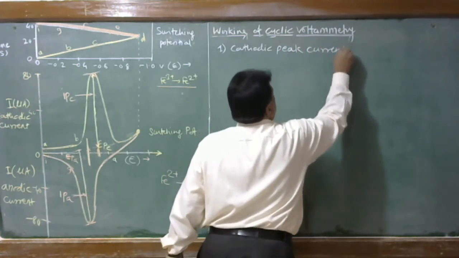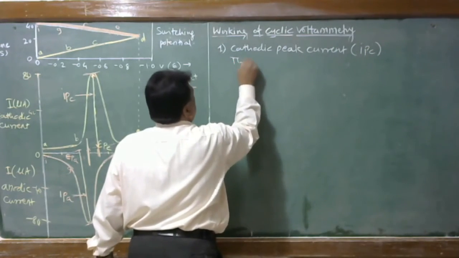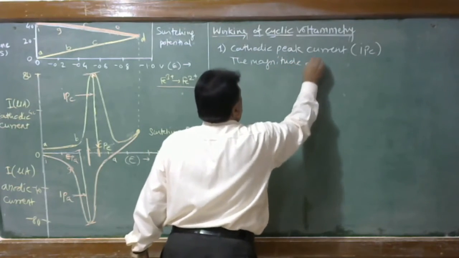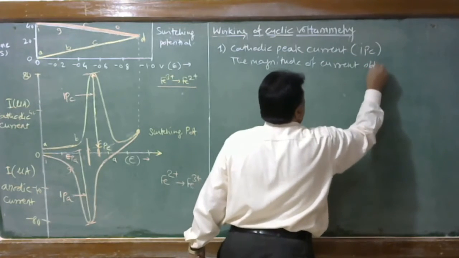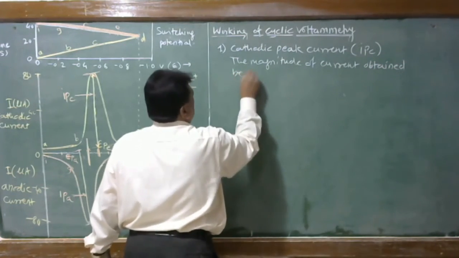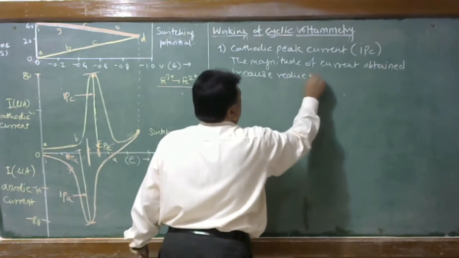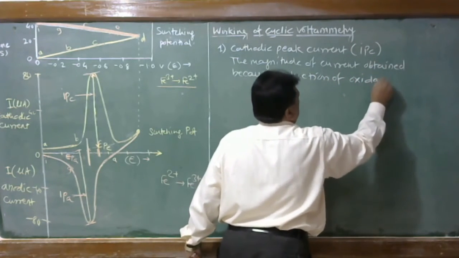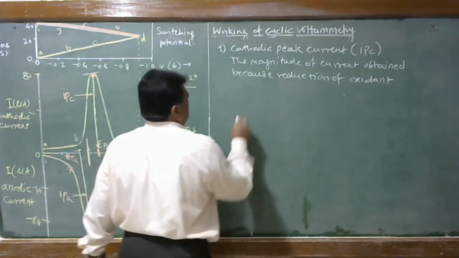Cathodic peak current is shown by IPC. That is the magnitude of current obtained because of a reduction of oxidant, and here oxidant means Fe3 plus ion.